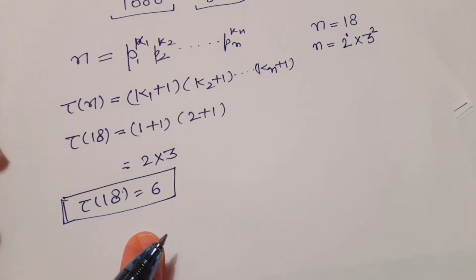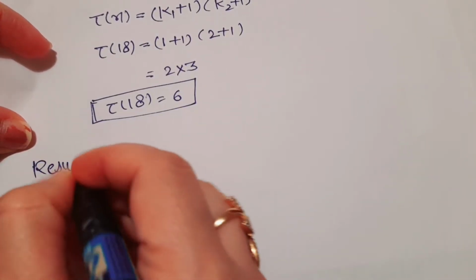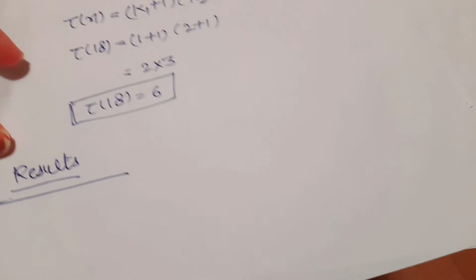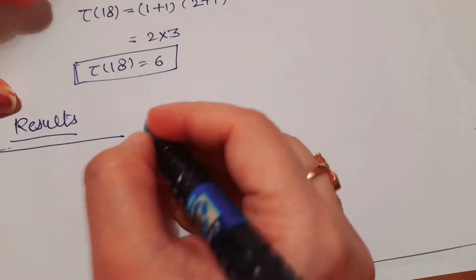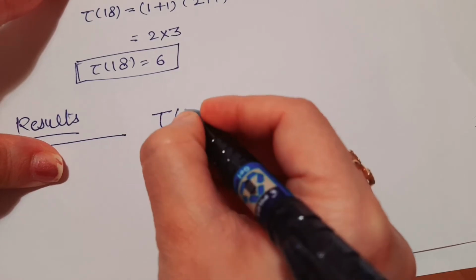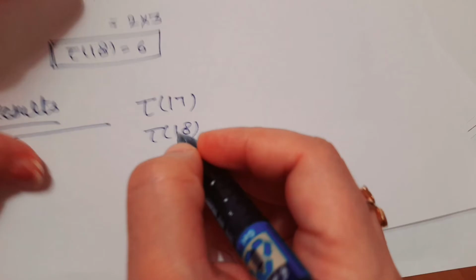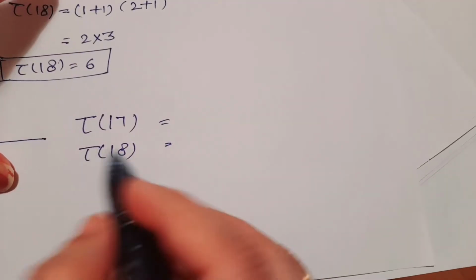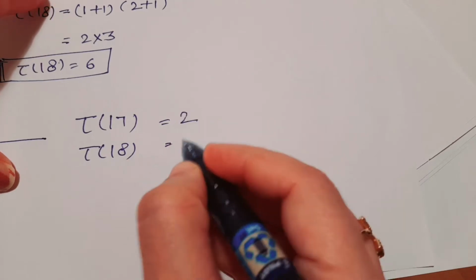Now we will see some results on tau n. Suppose you need to calculate tau n of a prime number. You can easily tell. Suppose you have tau of 17, tau of 19, these are prime numbers, and every prime number has only two divisors.